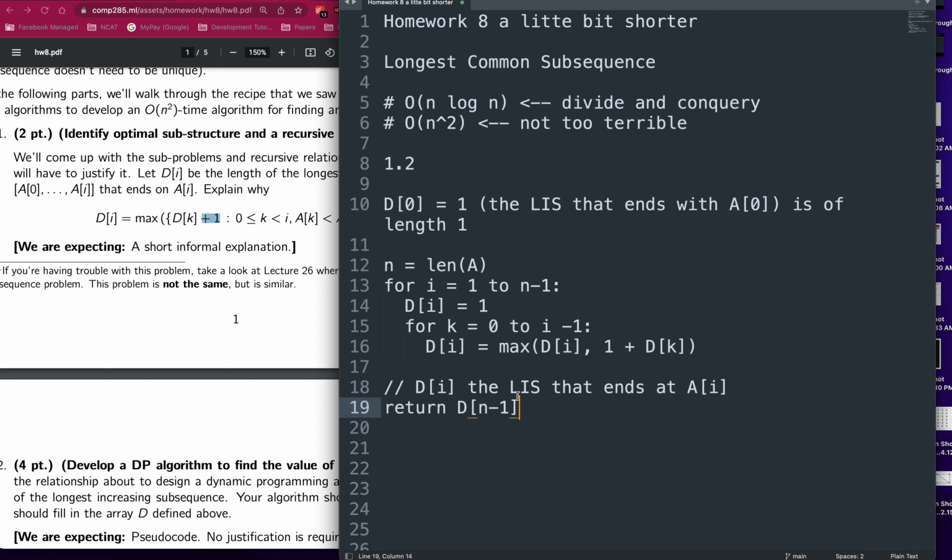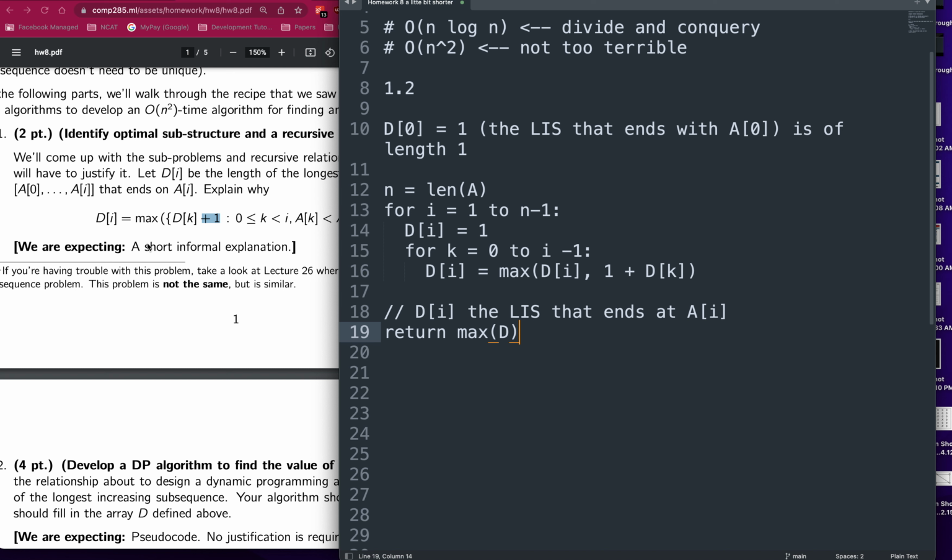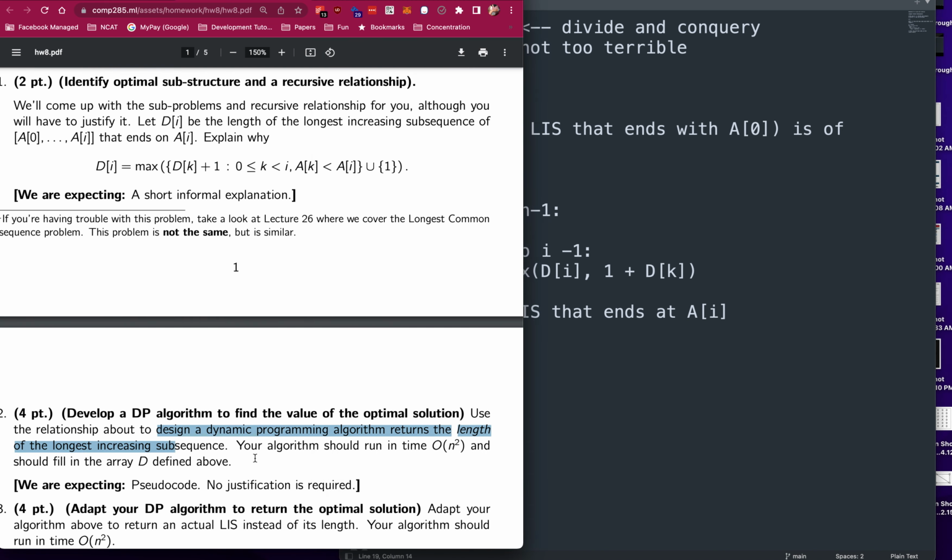But this is actually just the longest increasing subsequence that ends at n minus 1, and that's not actually what we want. We want the largest increasing subsequence anywhere, so you would return the maximum of all the D's. For all the values inside the array D, get the biggest one. That's your answer. Okay, so that's the pseudocode for part 4.